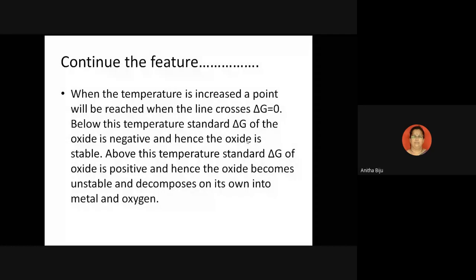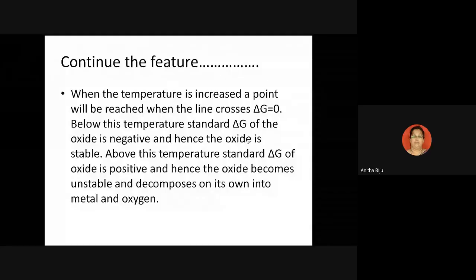So that's why this time I have written it as standard delta G, but it is denoted as delta G naught, with naught in the superscript. Below this temperature, delta G naught of the oxide is negative and hence the oxide is stable. Very important point, underline that in your copy.